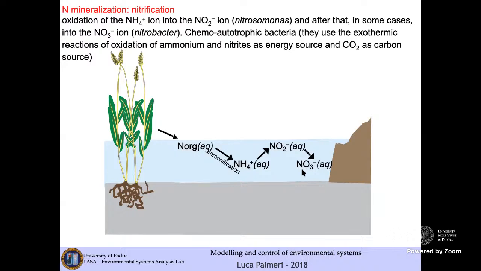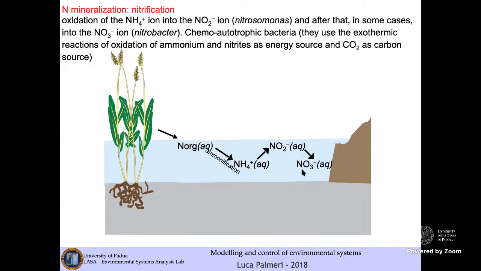This is done essentially by two bacteria strains, Nitrosomonas and after that Nitrobacter. So Nitrosomonas are responsible for the first step, conversion of ammonia into nitrite, and the Nitrobacter are responsible for converting nitrite into nitrate.